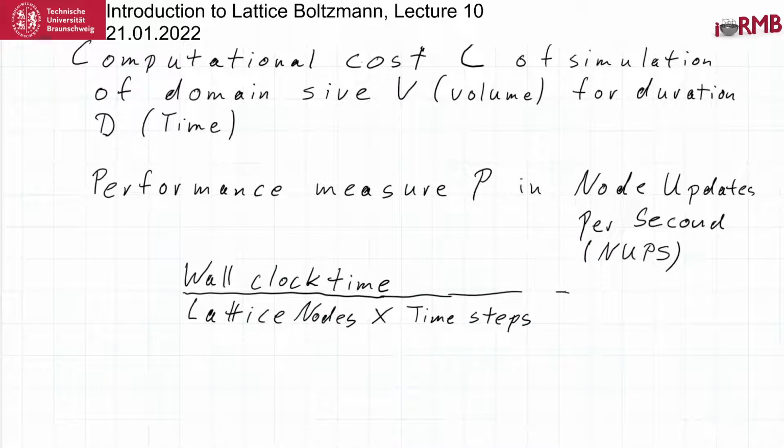Okay, I'll write this again: the wall clock time basically is the cost divided by the number of nodes times the time step.